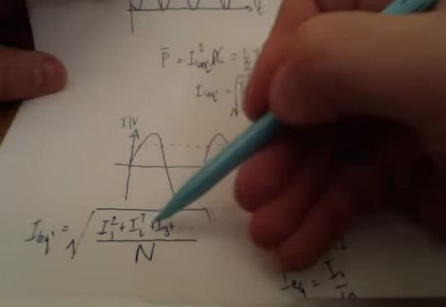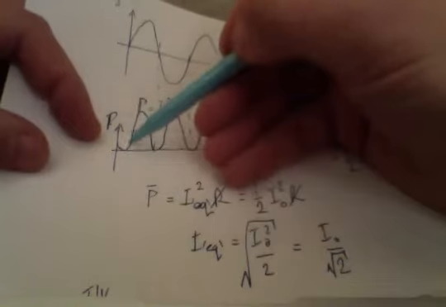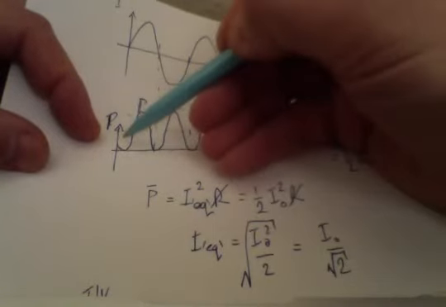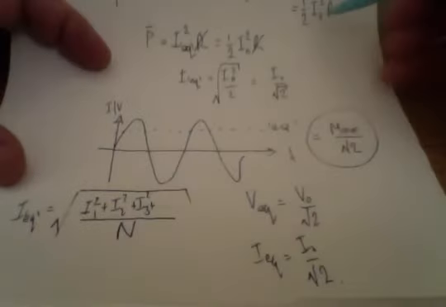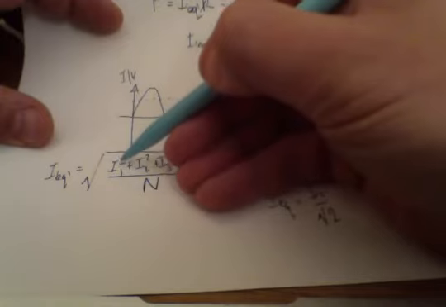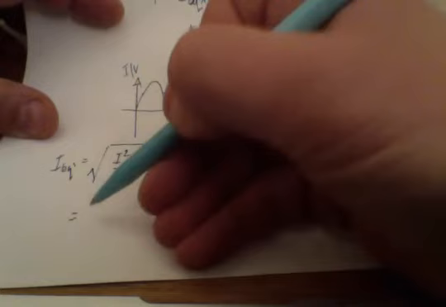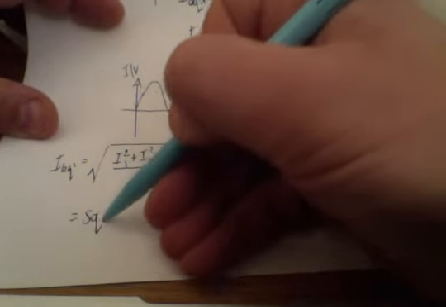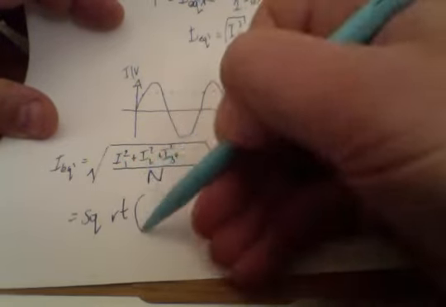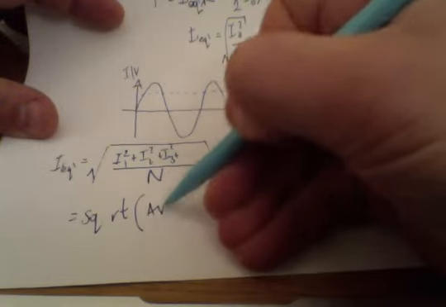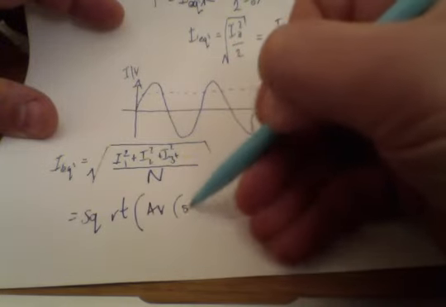The half is me making an intelligent guess as to all of these added together, all these little values that I'd squared, dividing by how many they were, gave me a value of a half. However, what I did was square them, take an average of the squares, and then square root it. So I square rooted the average of the squares.